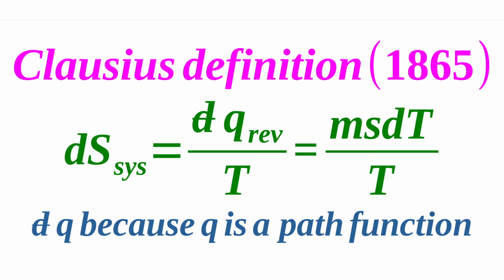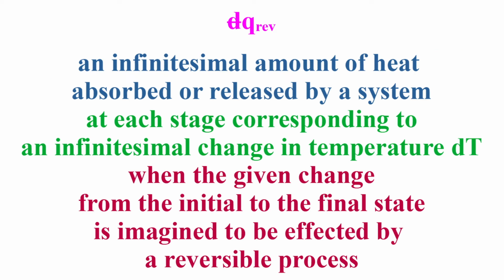As the next step, Clausius defined the infinitesimal change in entropy of the system, dS system, to equal đq reversible over T. đq and not dq is used because q is a path function, not a state function. đq reversible represents an infinitesimal amount of heat absorbed or released by a system at each stage corresponding to an infinitesimal change dT when the process between the initial and final states is imagined to take place by a reversible path.